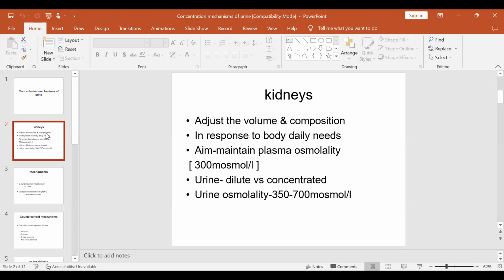And we had said that those compartments must be kept homeostatically stable so that the cell can get an ideal environment within which to operate, whether in terms of pH, or individual ions, or osmolarity.